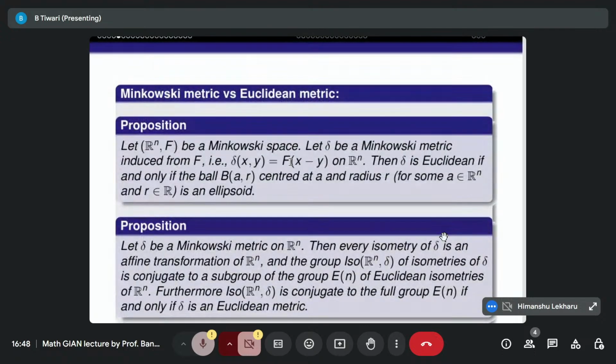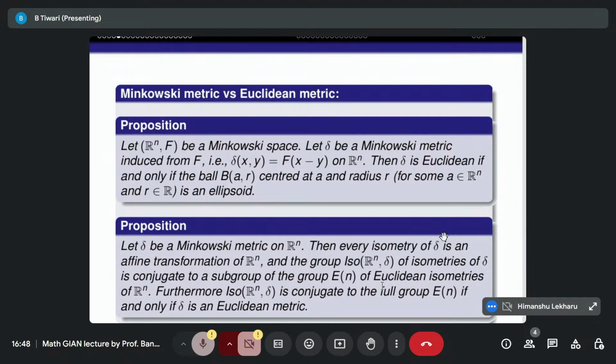And here is the second important proposition. If delta is a Minkowski metric on R^n, then every isometry of delta is an affine transformation of R^n. And the group of isometries of delta is conjugate to a subgroup of the group of isometries of Euclidean space, right?